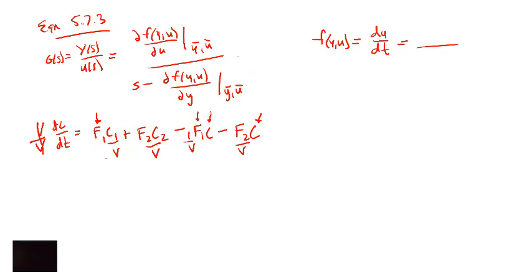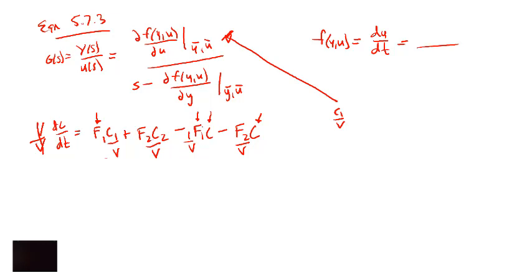Now I have to take the first partial. The partial derivative of this function with respect to F1, which is the input: the partial of this term is going to be C1 over V. The partial of this term with respect to the input is 0, since it's a constant with respect to the input.